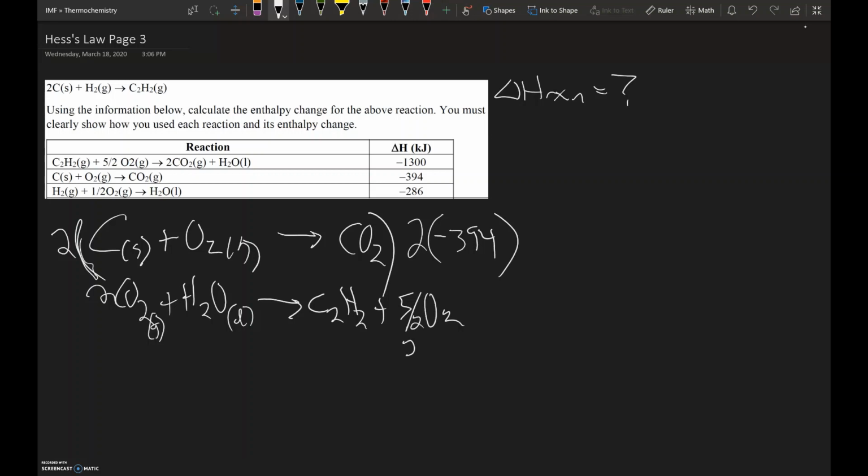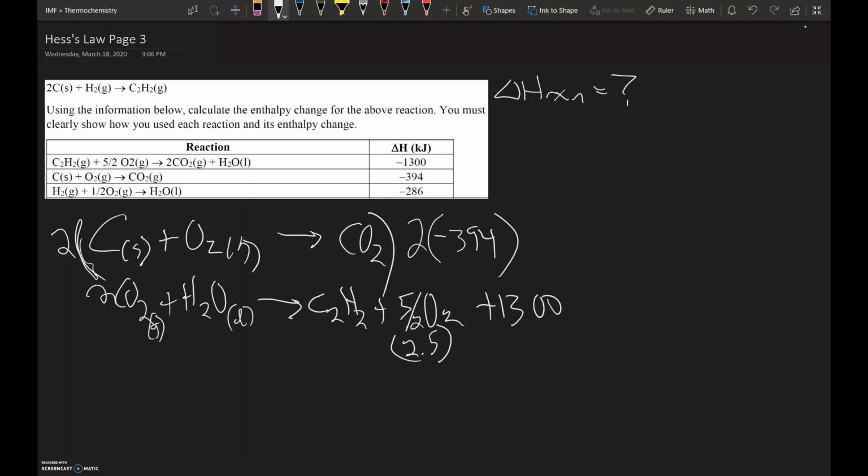Now 5/2 is really 2.5, so you can write that below if that makes it easier for you. We don't need to multiply by anything because we have the right number of C2H2s, but what we do need to do is change the sign from negative 1300 to positive 1300 kilojoules.